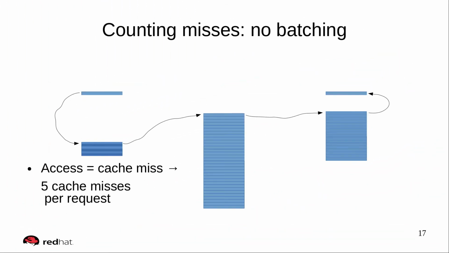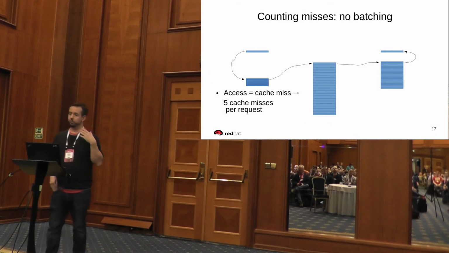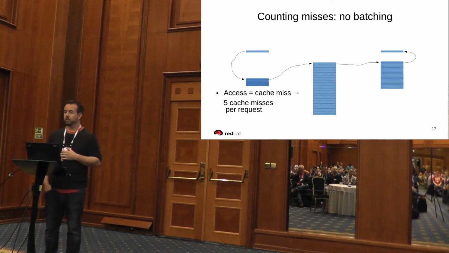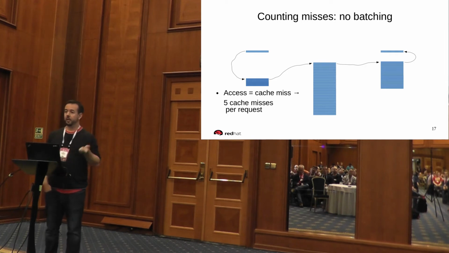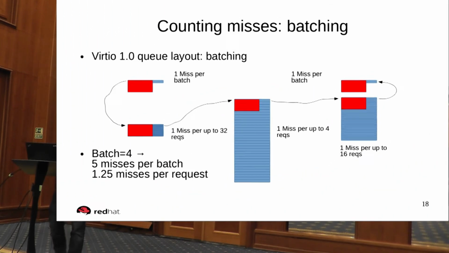So let's count cache misses with Virtio 1. Our queue consists of these 5 parts, these 5 data structures, and a buffer that moves between host and guest. Each of these parts is written and read at least once. That implies 5 cache misses per buffer if we don't do batching. If we do batching, it looks a little bit better.